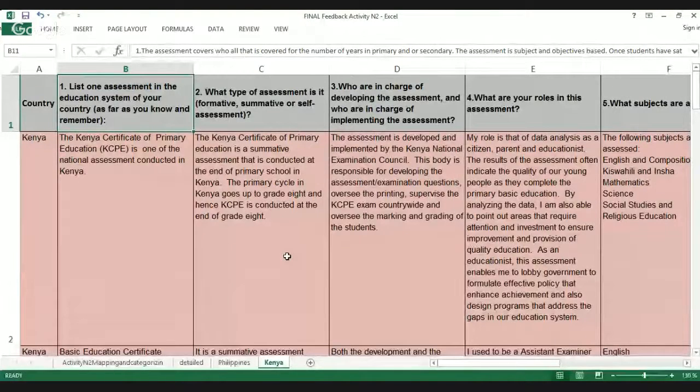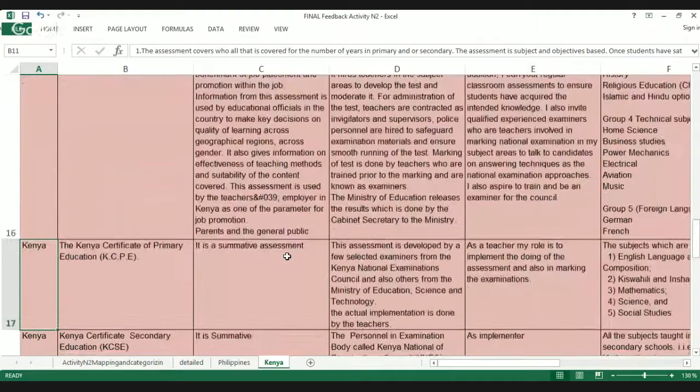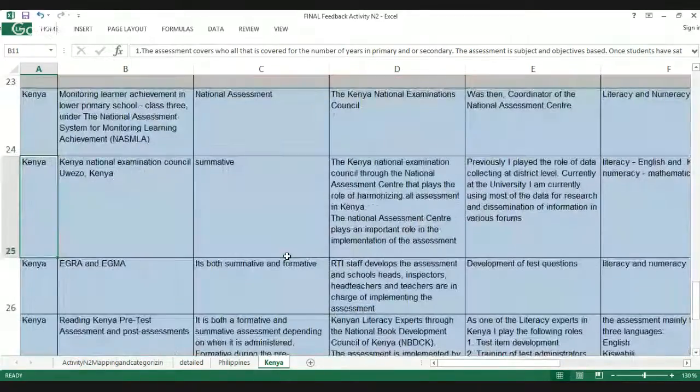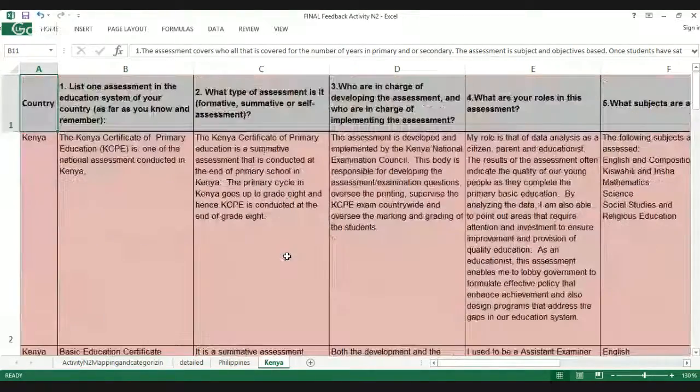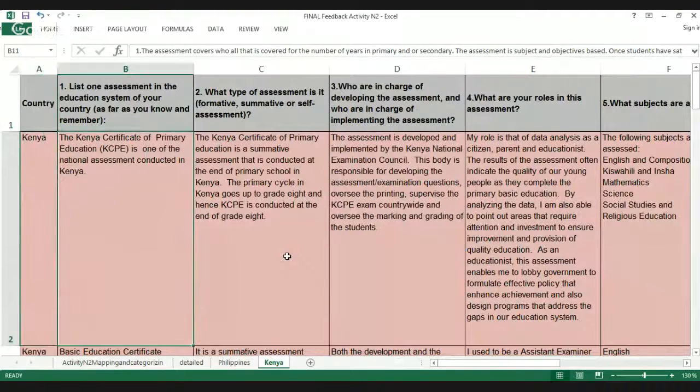What we see here is for the country Kenya. There were several participants from Kenya, so I categorized by the kinds of tests or assessments that were suggested by the participants.